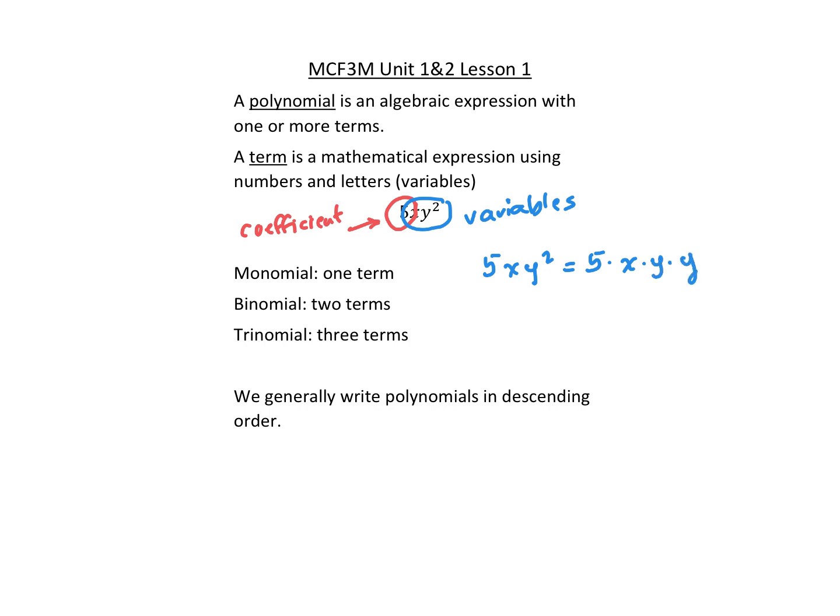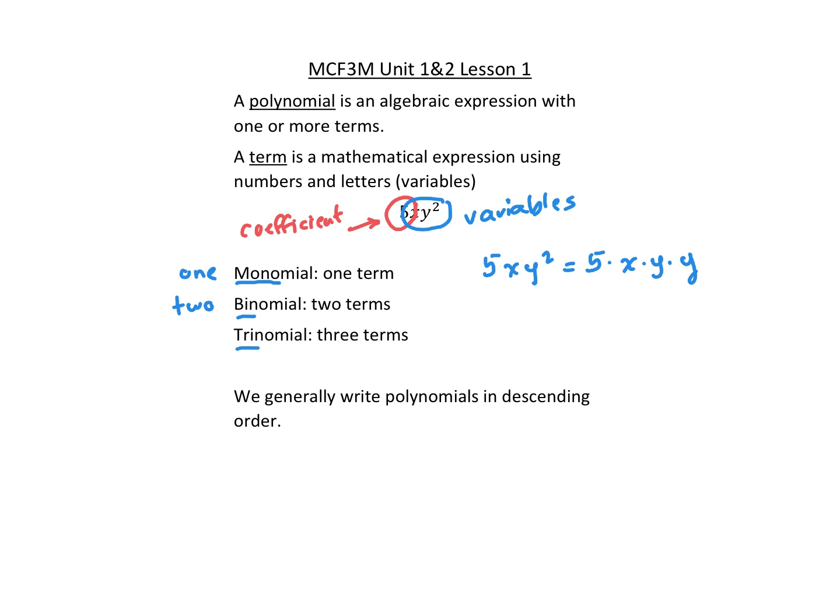So it's a group of numbers and letters put together in terms of multiplication. So the terms are multiplied together. And if we have one term, we call that a monomial, because mono means one. If we have two terms, we call that a binomial, because bi means two.